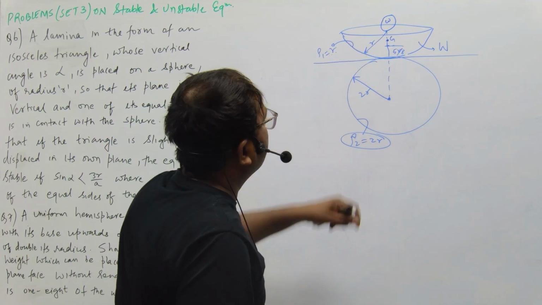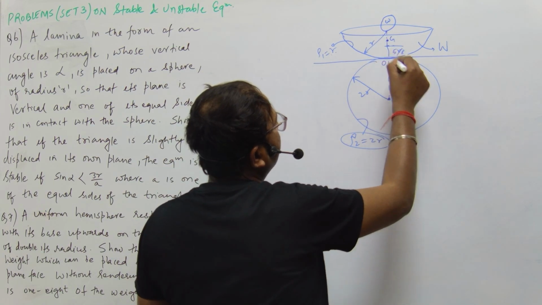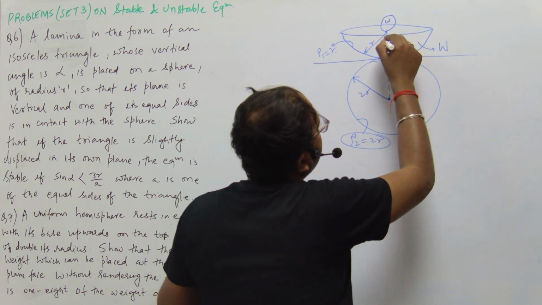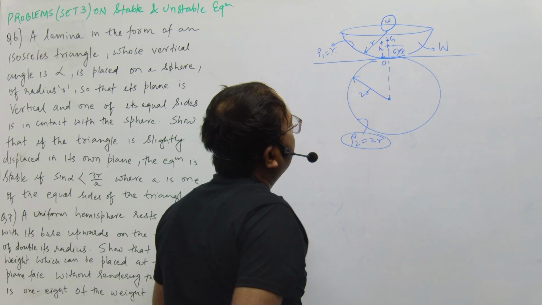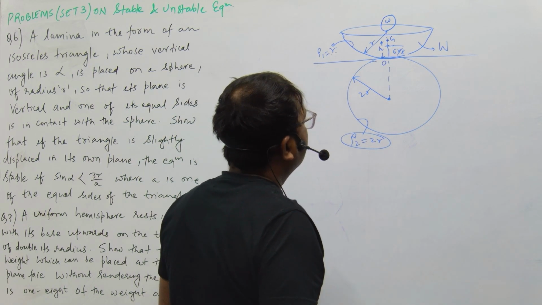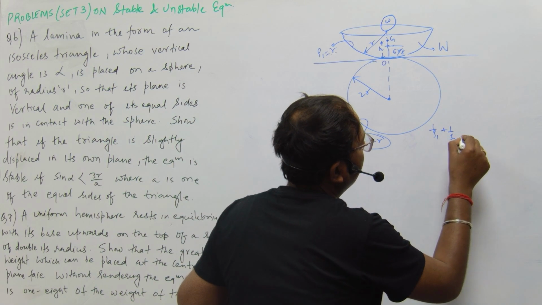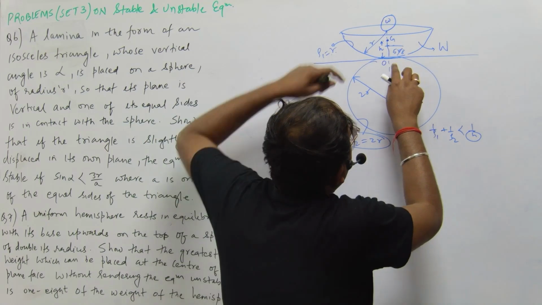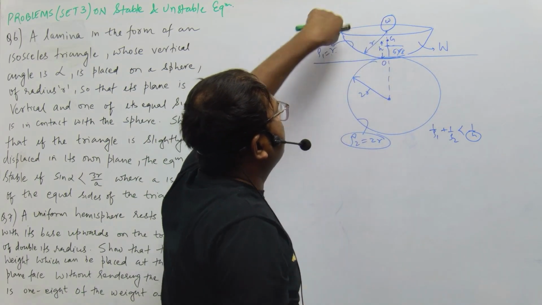Let us find the value of this point G, that is OG, and this distance OG is small h. In the condition for stable equilibrium, 1 upon rho 1 plus 1 upon rho 2 is less than 1 upon h. This h is this OG, where G is the center of gravity of the whole system.